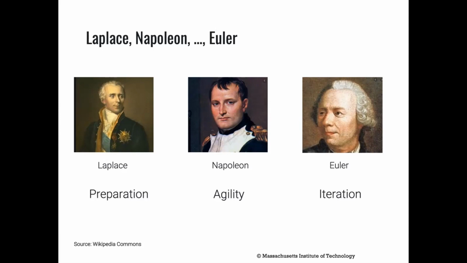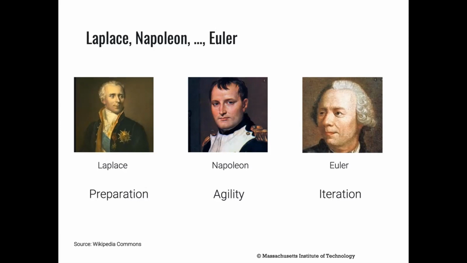And when Napoleon actually took over as Emperor of France, he hired Laplace as the Minister of the Interior, and he fired him 6 weeks later because Laplace spent so much time trying to get the system correct initially, they never went into action. So first, what we've learned is we need good preparation, but we also need to act with agility.